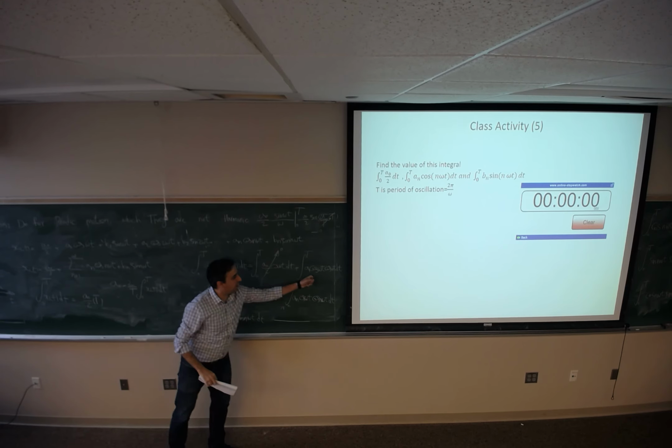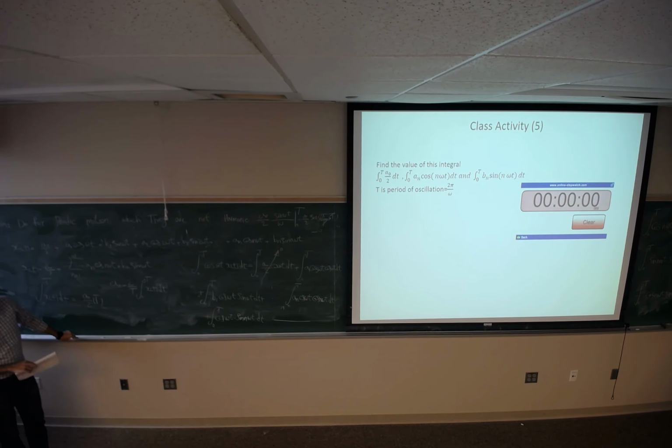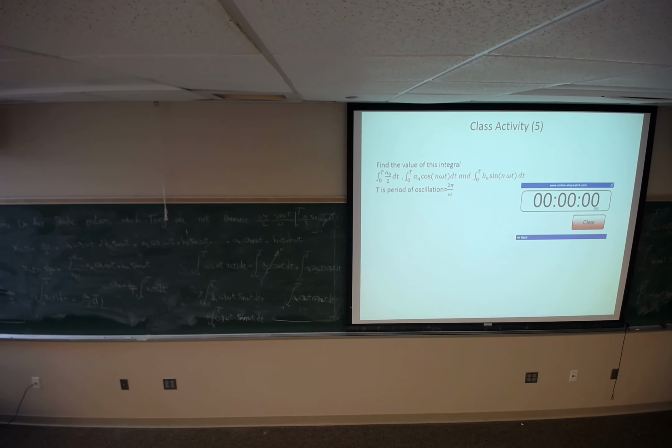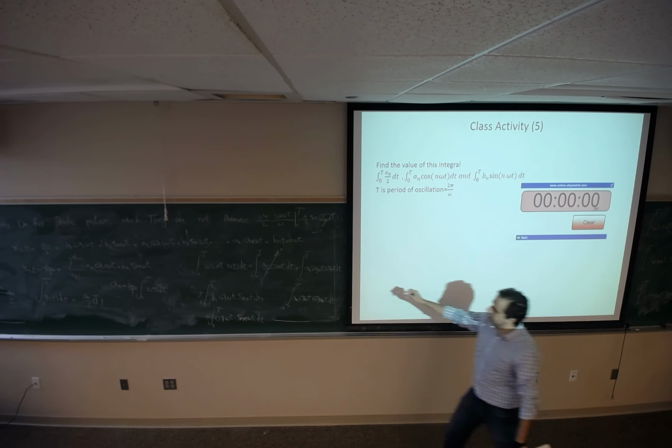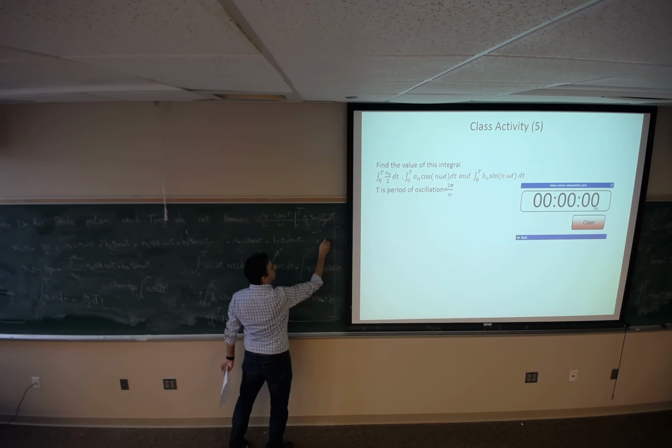This one, a1 cosine omega t cosine omega t. What would be the integration of the second term? Zero. No, a1, n and m are the same. Both are 1. So it's going to be T over 2. So this integration is going to be a1 times T over 2.